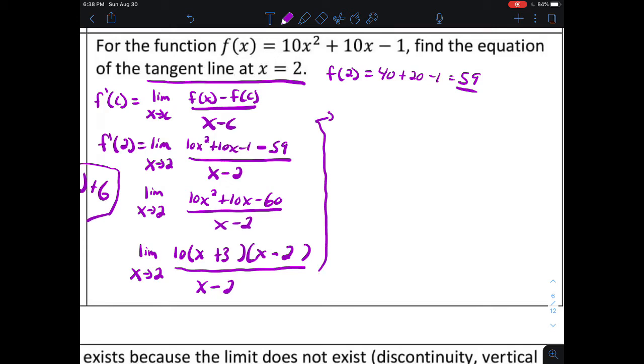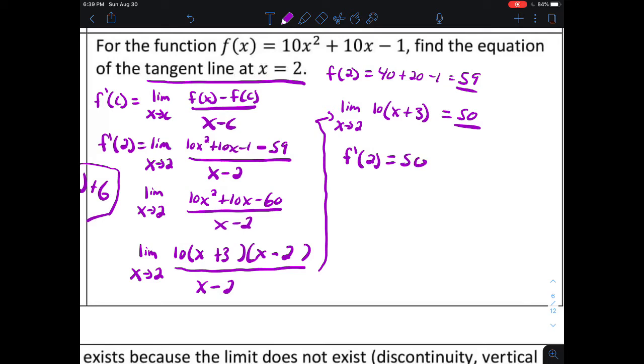And I'm going to come up here, and I'm going to continue to simplify so that way I can evaluate this limit. And so it'd be the limit as x approaches 2 of 10 times x plus 3. Now I can finally put 2 in, and that gives me 50. So 50 is the slope of the tangent line at x is equal to 2.